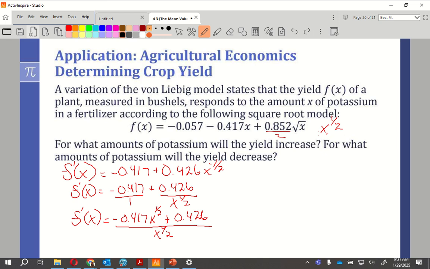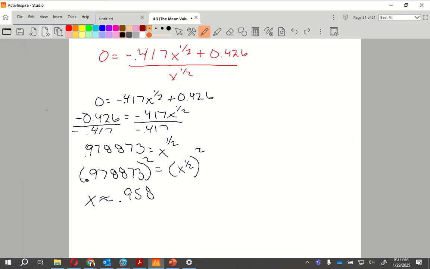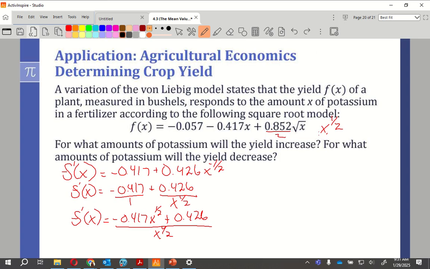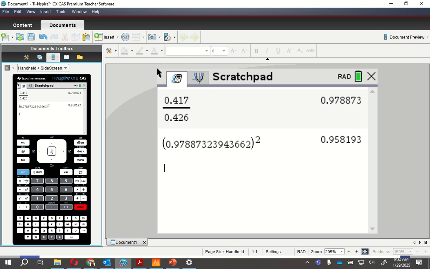So we're going to take my derivative over here. I could either use this one here or I could use this one here. Doesn't really matter. I'm going to plug this in here, and since we're using the calculator, I'm just going to put that there.